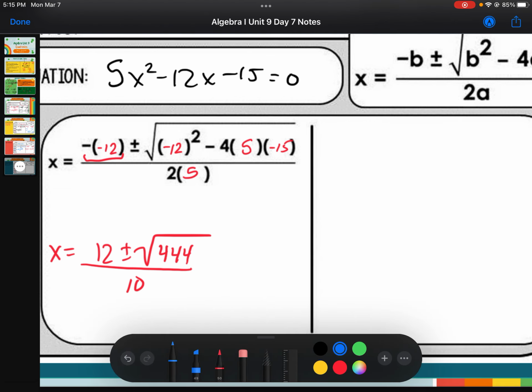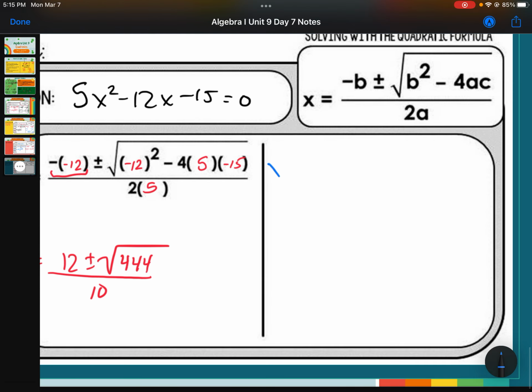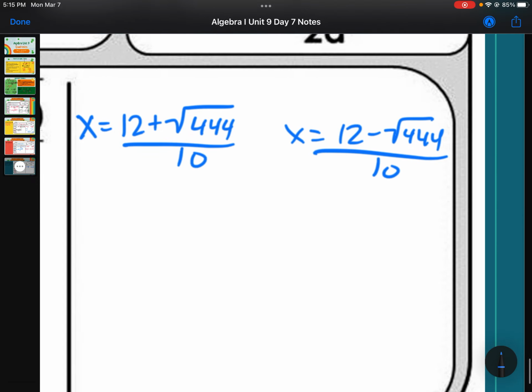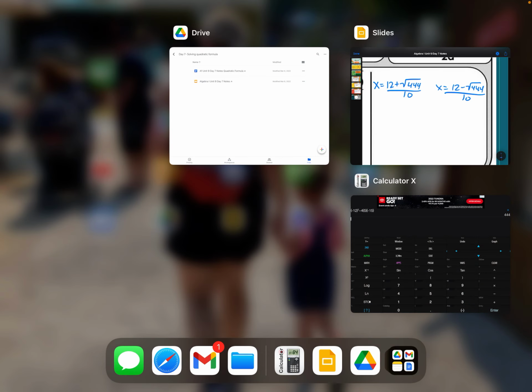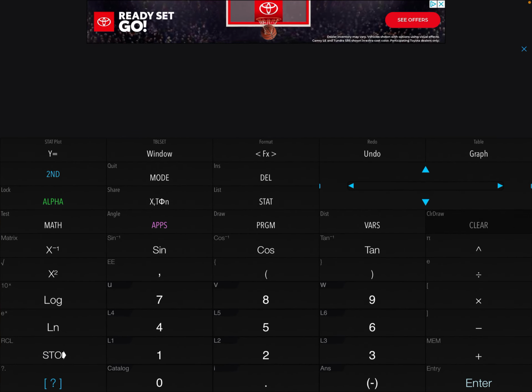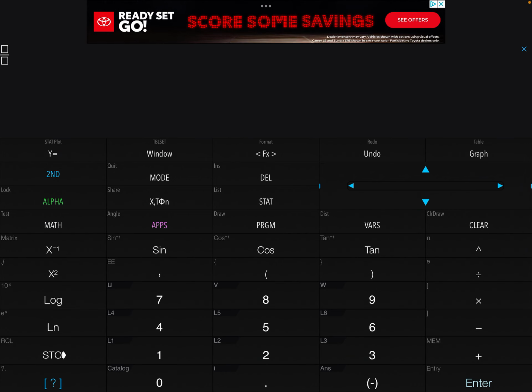Next step, split this up into the addition problem and the subtraction problem. Okay, let's tackle the addition problem first. So I'm going to do my N over D button.